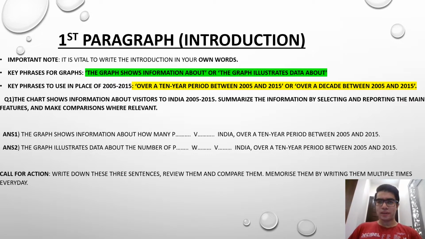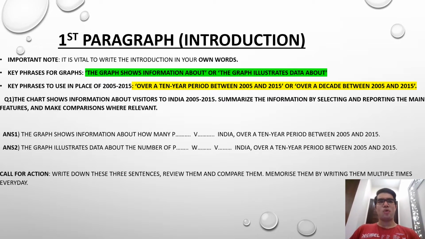So I'll tell you the key phrases for graphs. When there's a topic statement or a topic question about graphs, you can paraphrase it by using phrases like "the graph shows information about," or you could say "the graph illustrates data about," okay? And I'll also tell you key phrases to use in place of time periods, for example 2005 to 2015.